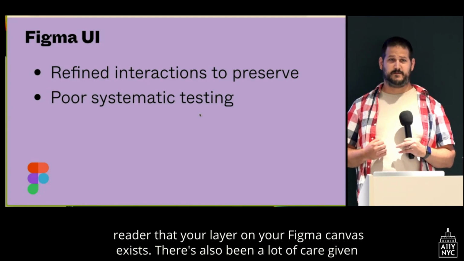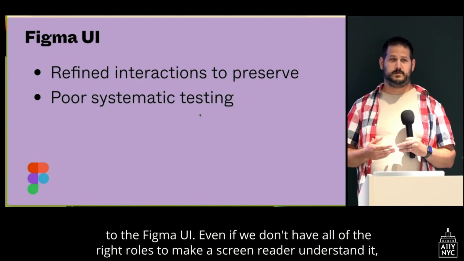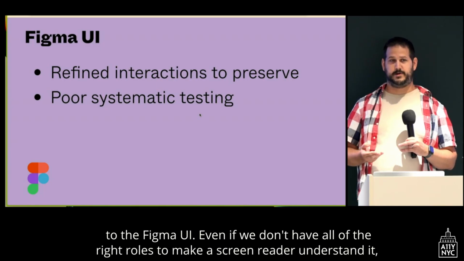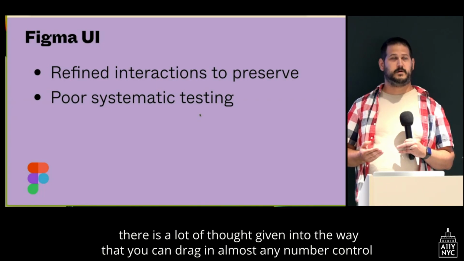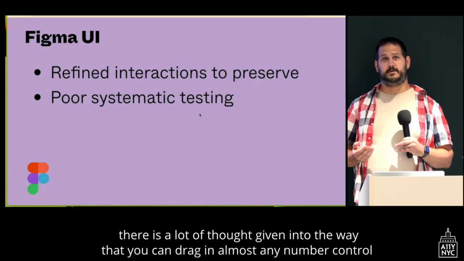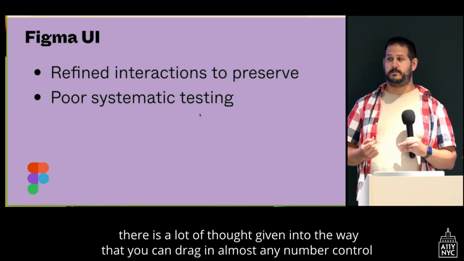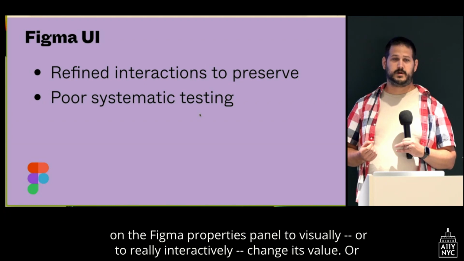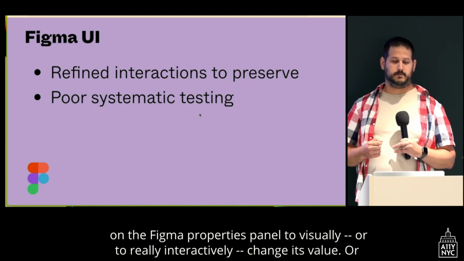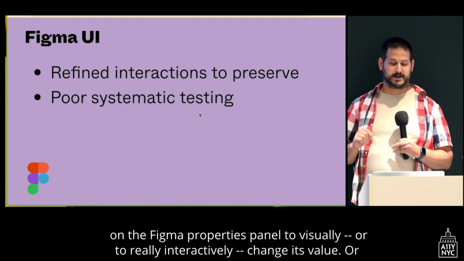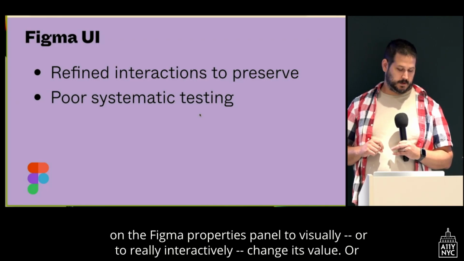There's also been a lot of care given to the Figma UI. Even if we don't have all of the right roles to make a screen reader understand it, there is a lot of thought given to the way that you can drag on almost any number control on the Figma properties panel to interactively change its value.